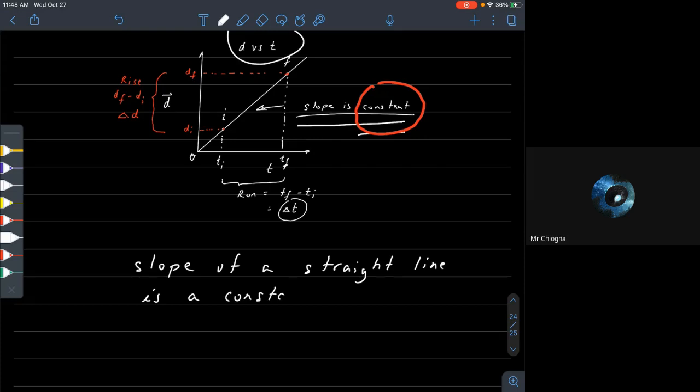Underline constant, because the slope is a constant. What's the unit of that velocity? Well, it's usually meters per second. You just take the unit here, divide it by the unit here. Usually it's meters and seconds.